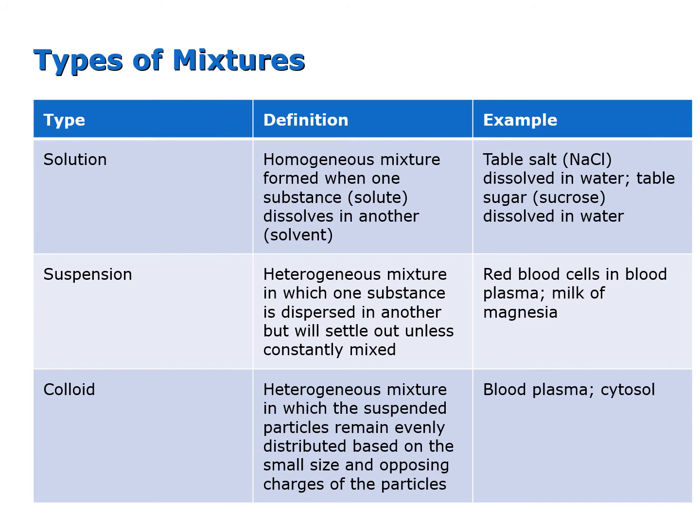The one that is dispersed in the fluid will settle unless constantly mixed. One example of that would be the red blood cells, the RBCs, that will sediment, and sedimentation means they will settle down in a test tube when we are taking a blood sample.